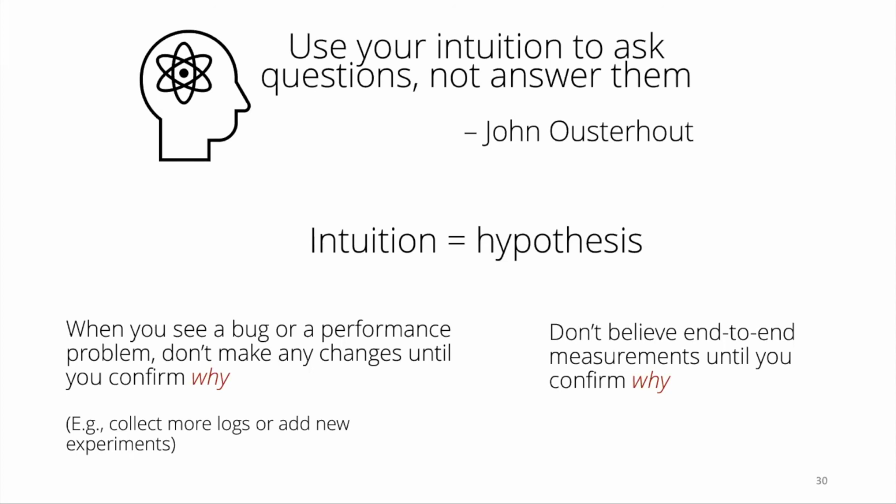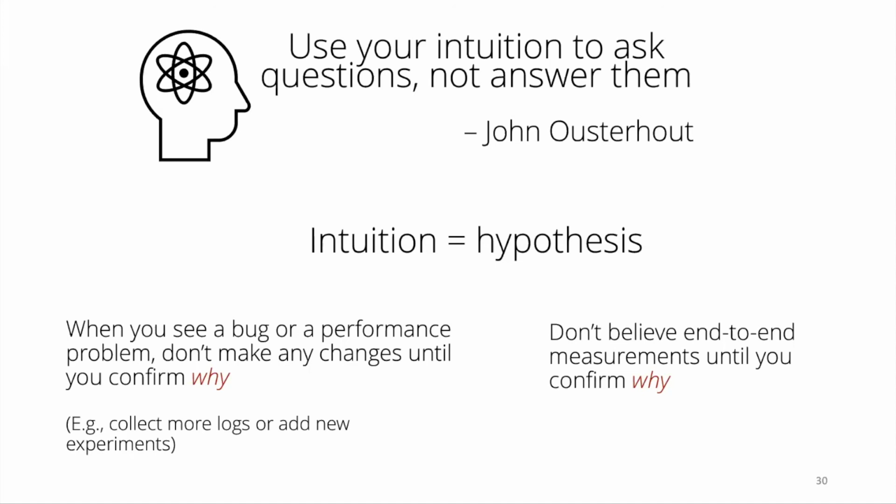They never tell you why something is happening, right? So make sure you always augment your end-to-end measurements with the necessary lower level measurements and analysis that will confirm why these numbers look the way they do. And make sure to apply that level of rigor not only to your own prototypes, but also to your baselines, right? Make sure you truly understand why these systems behave the way they do before you believe your end-to-end numbers.